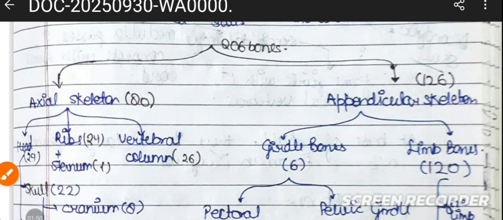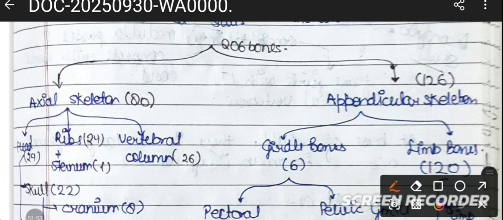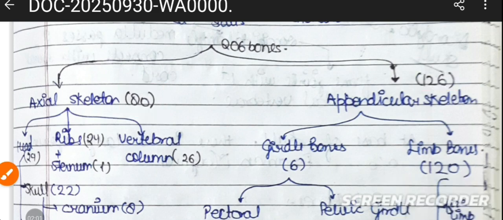In the axial skeleton we have 80 bones, whereas in the appendicular skeleton we have 126 bones. Now the axial skeleton comprises the head, ribs, and vertebral column.